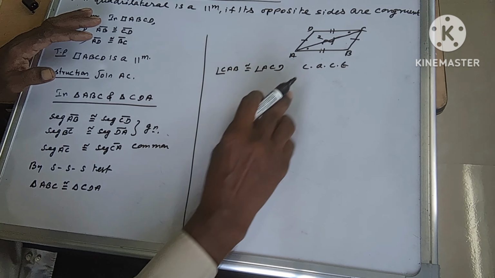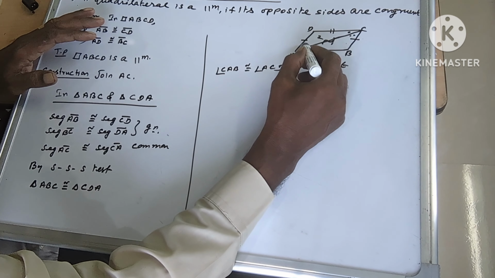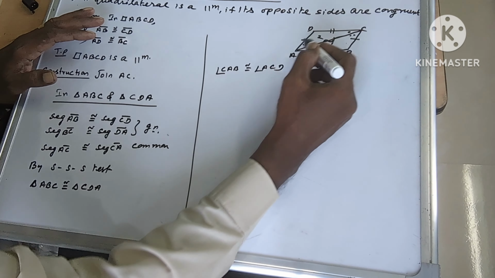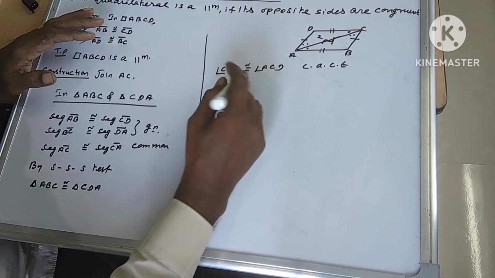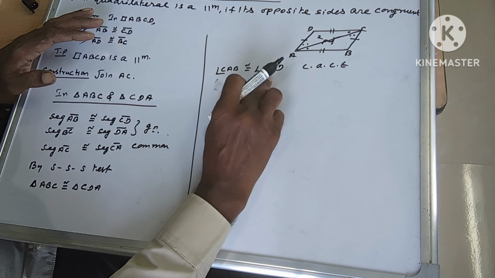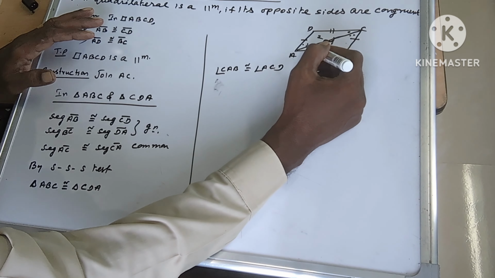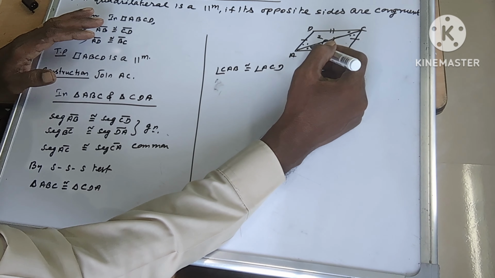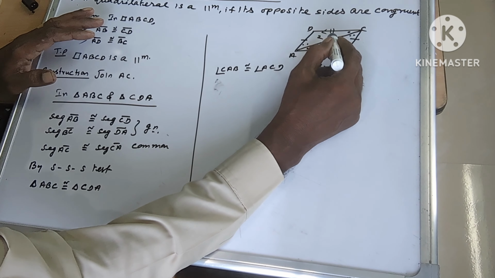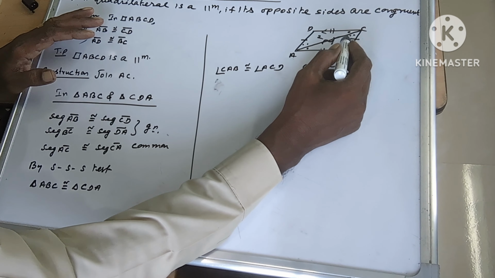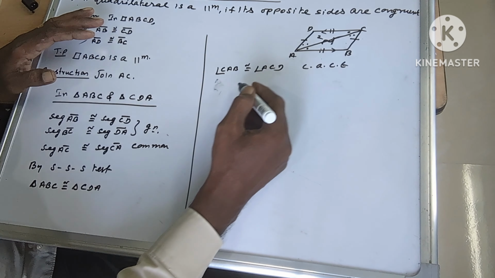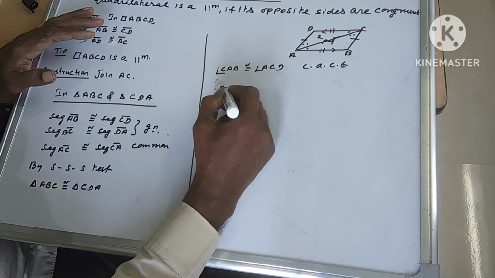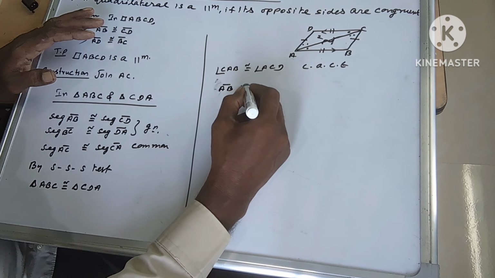What is the name of these two angles? Alternate angles. If a pair of alternate angles are congruent, the corresponding lines are parallel. Therefore AB is parallel to CD.